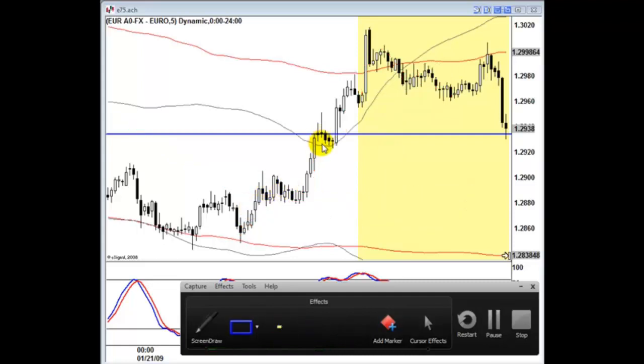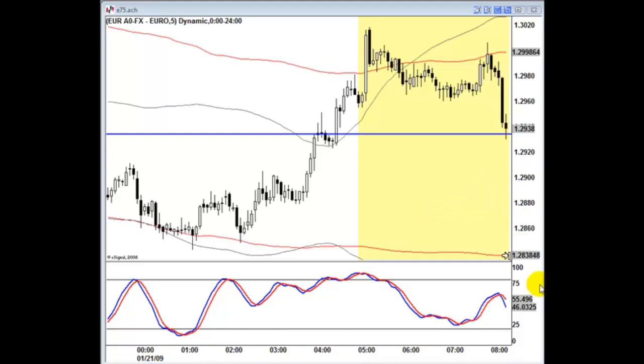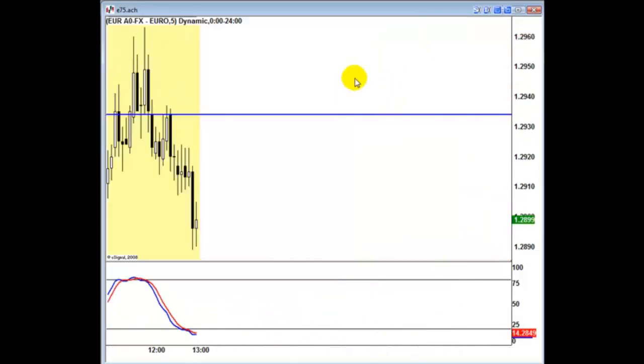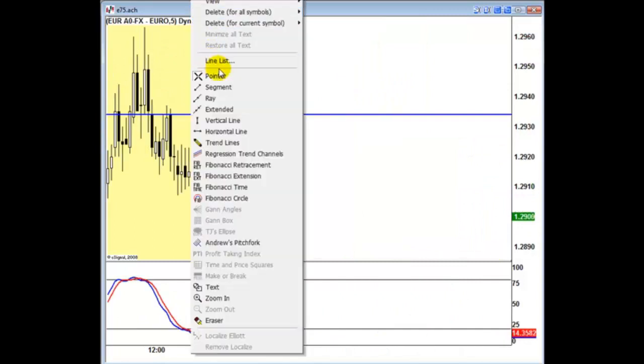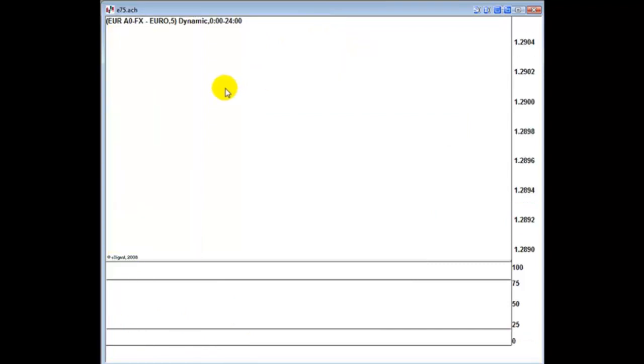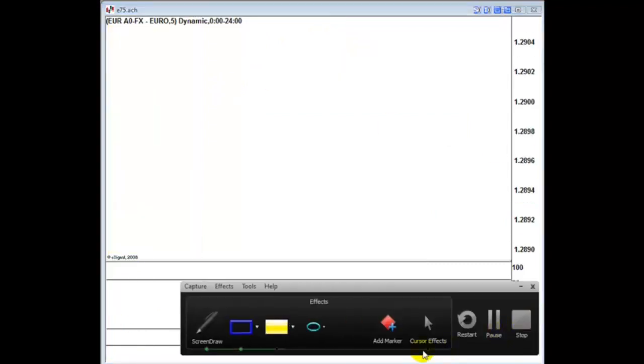But again, let's just summarize this. I really want to focus on this in our webinars and live trading, but I'm just going to summarize this very quickly for you. Again, at the risk of repeating myself, first of all, we want to aim for 40 to 50 pips.